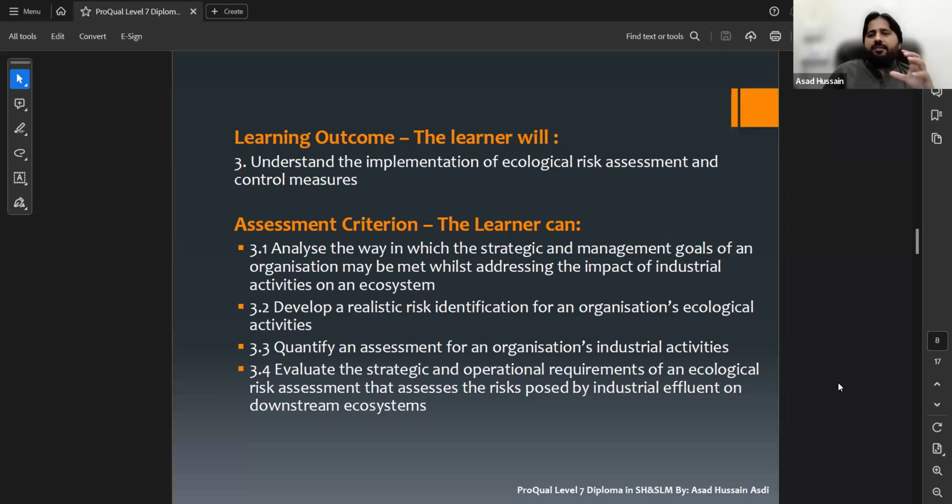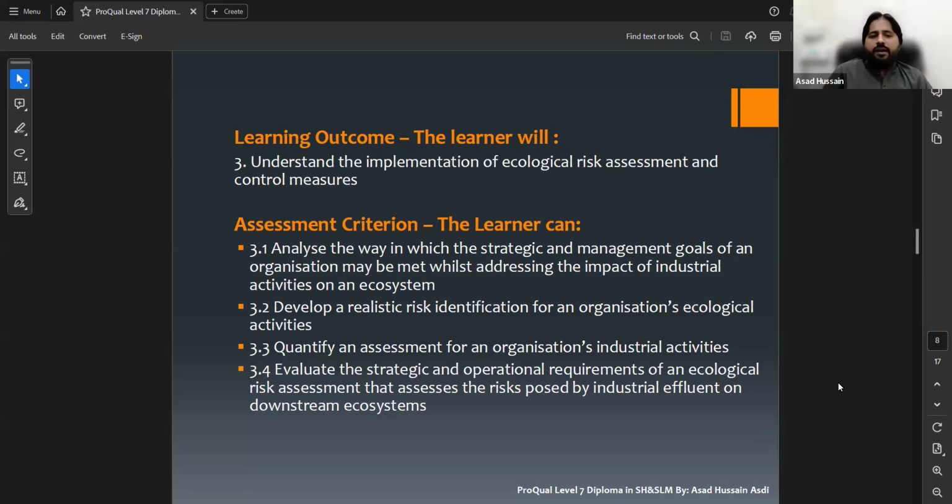But basically, it's by nature a qualitative thing. So here it's quantify an assessment for an organization's industrial activities. So basically you have to quantify how many assessments are required there, and in each assessment what type of industrial activities are harmful for the ecological environment. So even a risk assessment will be enough for this purpose too.